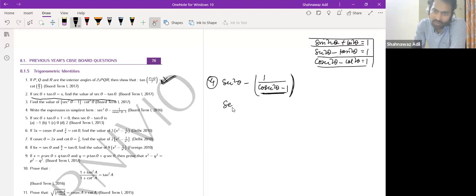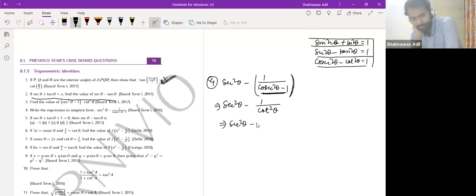So this is sec square theta minus 1 by cot square theta. Now what can I write about 1 by cot square theta? Tan square theta, absolutely right. And now this is 1.